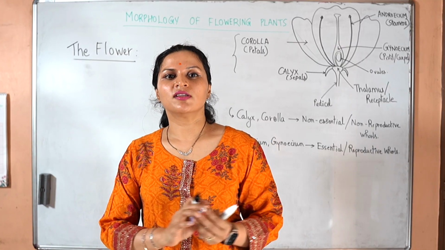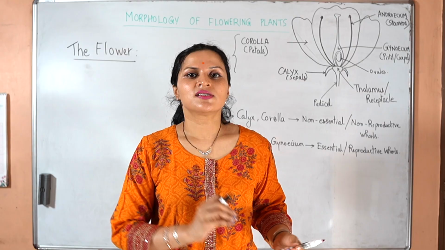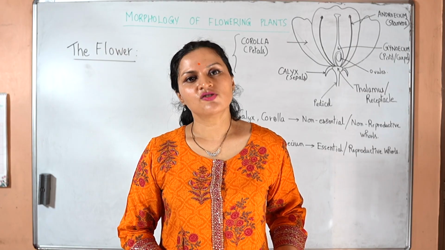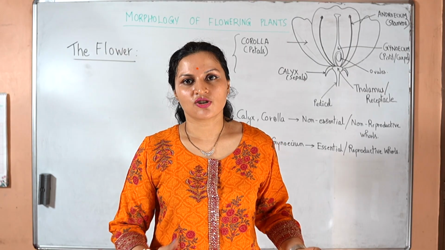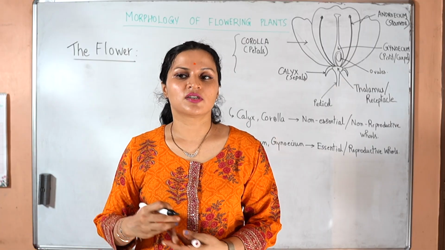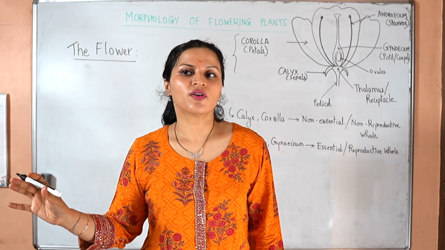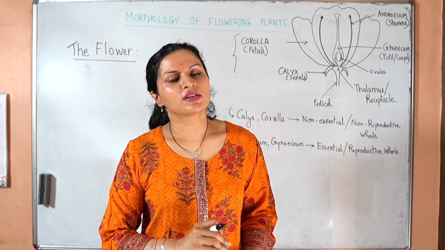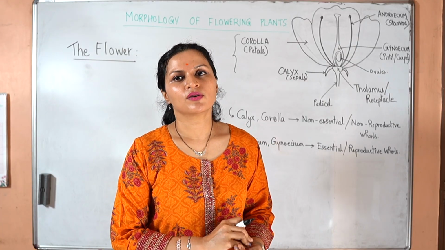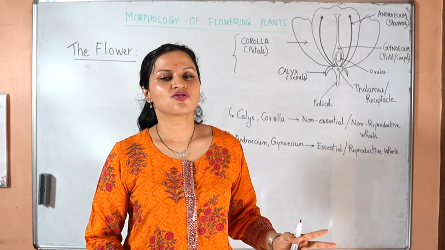If both the whorls are within the same flower, then the chances of self-fertilization increase, which is not a desirable trait in nature. Nature encourages cross-fertilization. So that's why the flowers may have only Androecium or only Gynoecium. If both the reproductive whorls are present in the same flower, such flowers will be called as bisexual flowers.